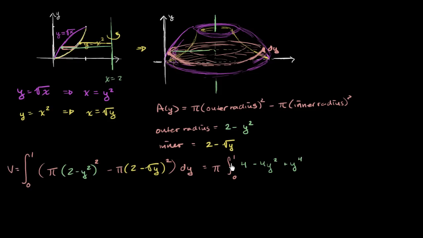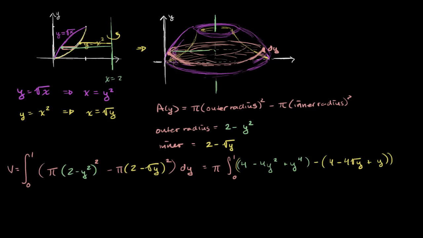And then from that, we are going to subtract this business squared, which is going to be 4 minus 4 square roots of y, plus, well, square root of y squared is just going to be y. And all of that dy.